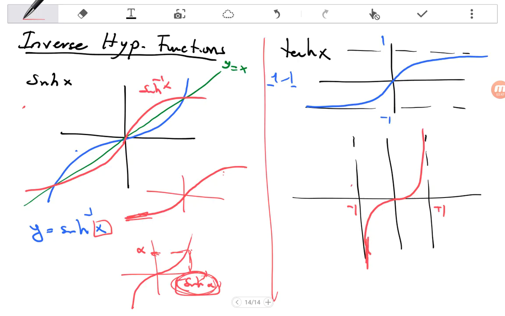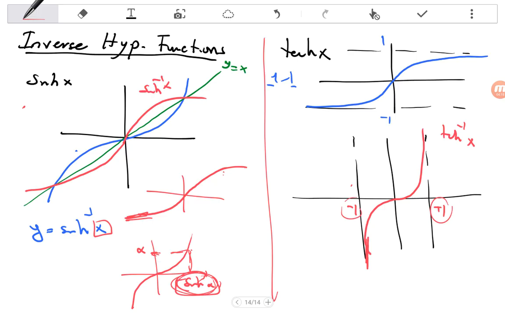This is tanh inverse x. The graph of tanh inverse x looks like a previous function which we learned before. That's the tan x, not exactly. It is the restricted tan, but with different values in the x-axis.